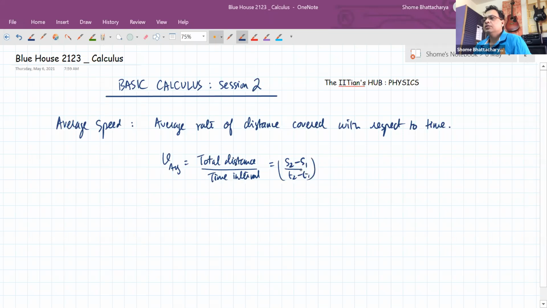We are thinking in terms of the graphical context, or in terms of a direct formula. The important thing is that average speed is defined for an interval of time from T1 to T2. So it is defined for a specific time interval.